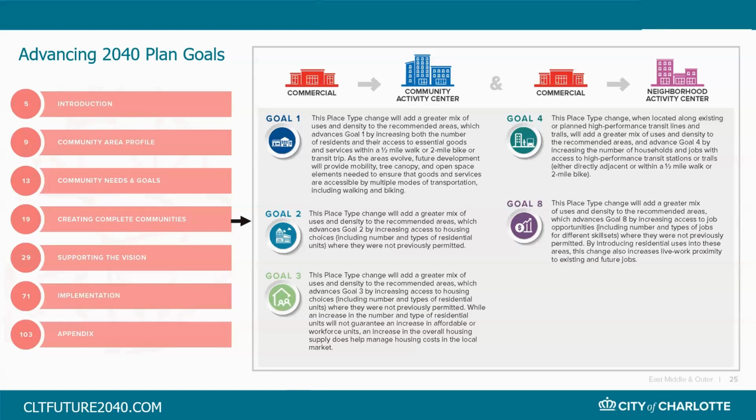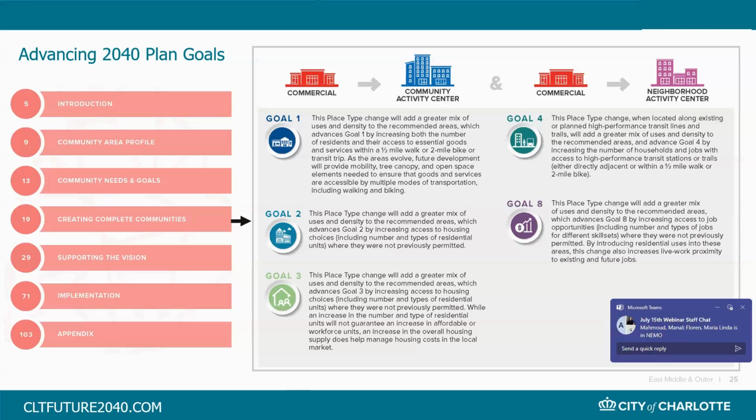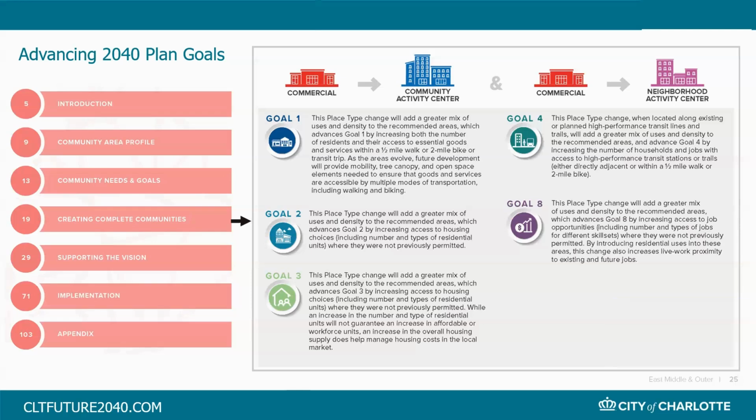Future community activity centers are recommended along existing or planned high-performance transit lines or walking trails. As such, this place type change will add new mixed-use development to recommended areas and advance Goal 4, transit and trail-oriented development, or 2TOD, by increasing the number of households and jobs with access to high-performance transit stations or trails, either directly next to or within a half-mile walk or 2-mile bike ride.